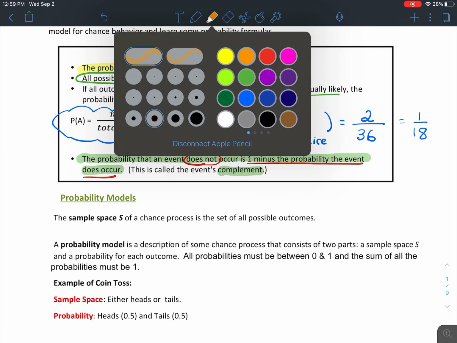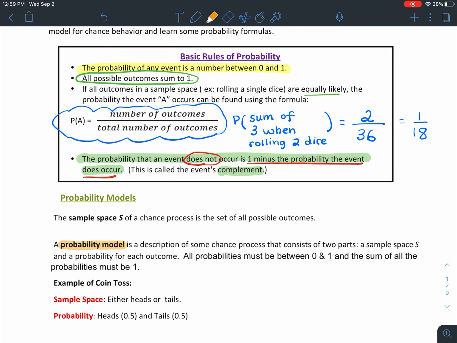Okay, so as we mentioned before, the sample space is the set of all the possible outcomes. When you hear the phrase probability model, there are 2 parts to a probability model.